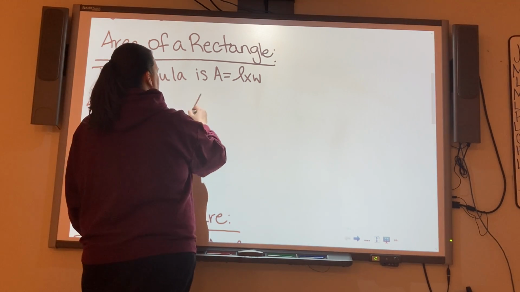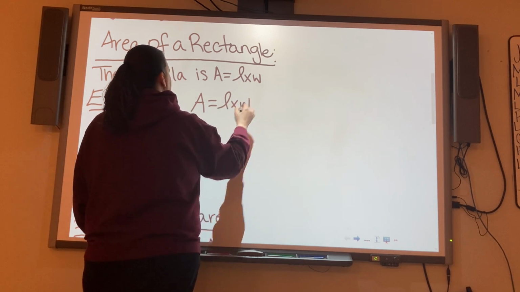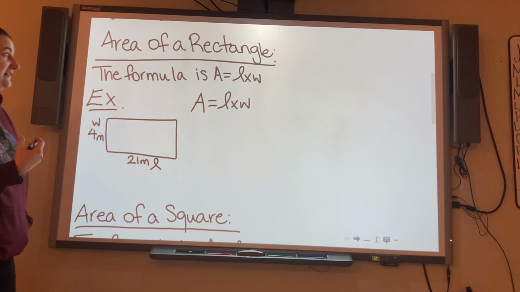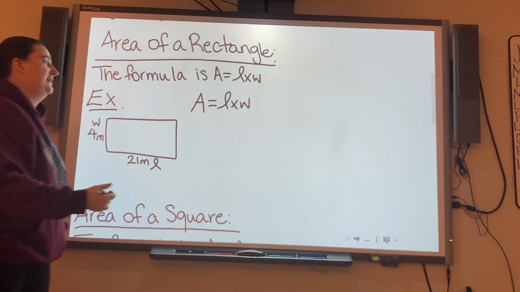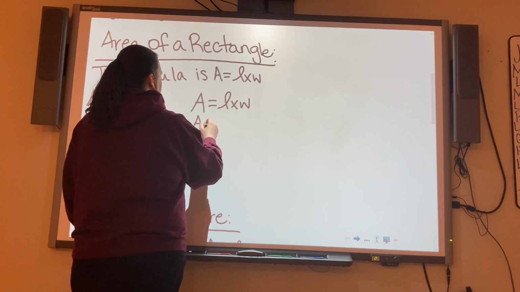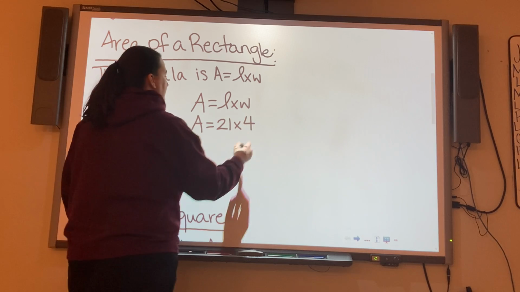So I start with my formula, A equals L times W, and then I replace the letters L and W with the actual measurement from my diagram. Area equals 21 times 4.